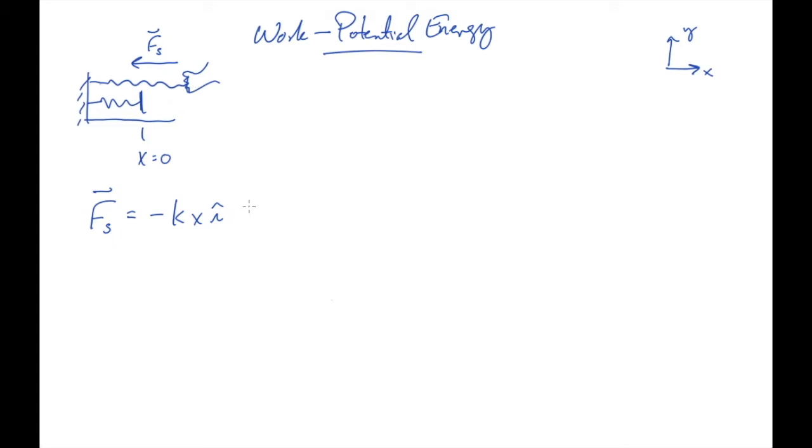This is what we call Hooke's law, and it tells us that the spring force is proportional to the stretch or compression of a spring. The constant of proportionality right here is what we call the spring constant.